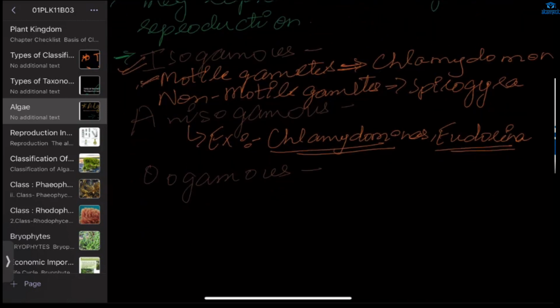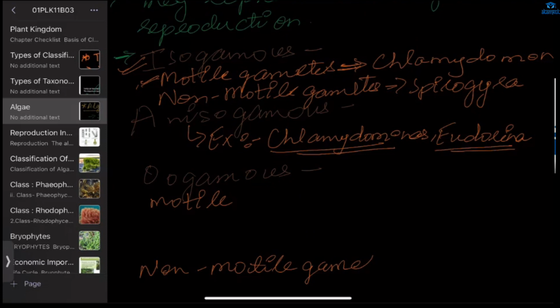And oogamous again consists of motile and non-motile. In oogamous, one male gamete and one female gamete come close together, share their gametes, and then reproduction occurs. In the motile case there can be two conditions: motile plus small male, and motile plus large male.